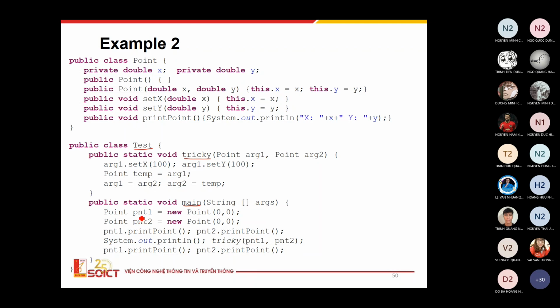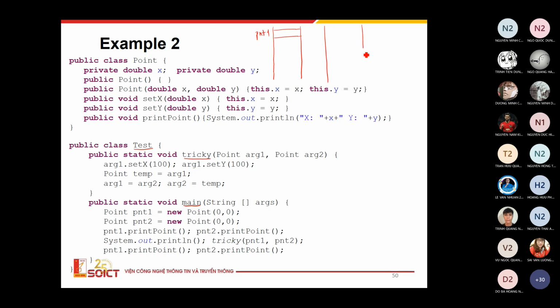Two objects. The first object is PNT1 and PNT2.